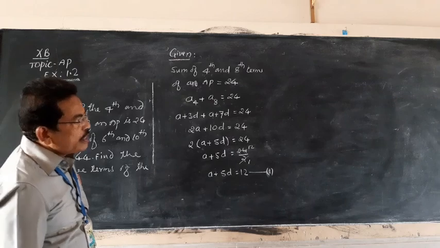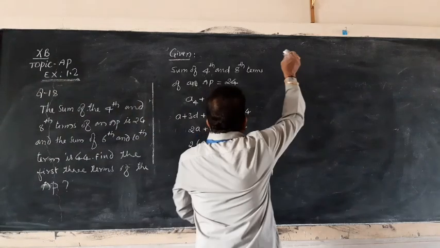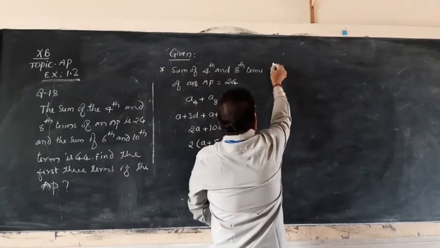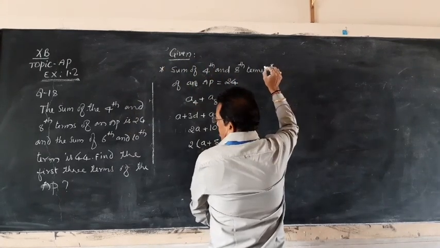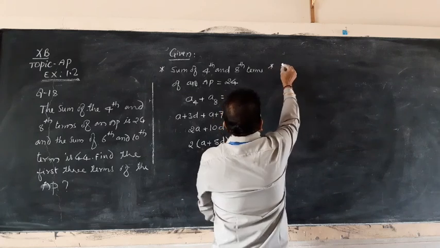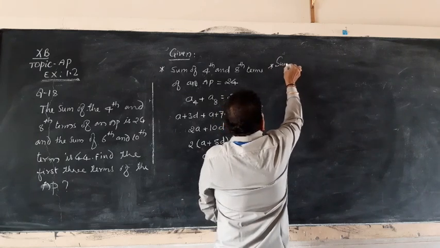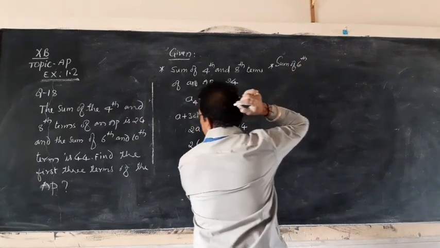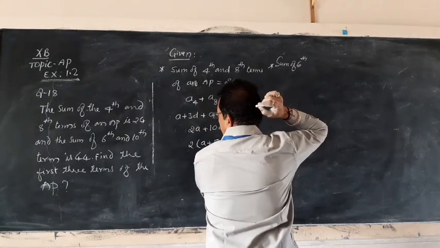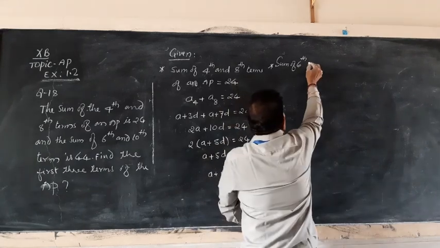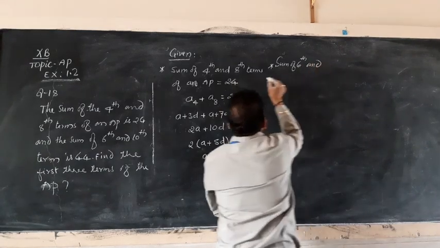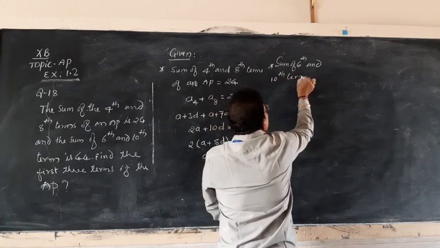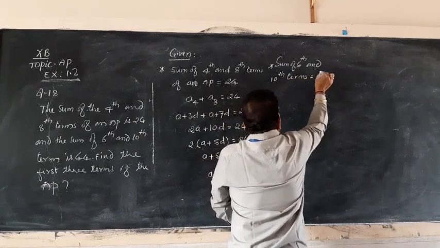Now the second statement. Statement 2: the sum of the sixth and 10th terms equals 44.